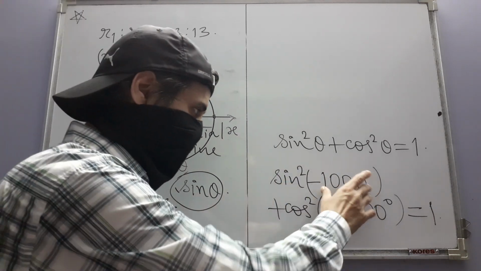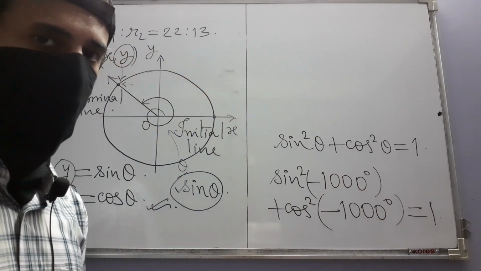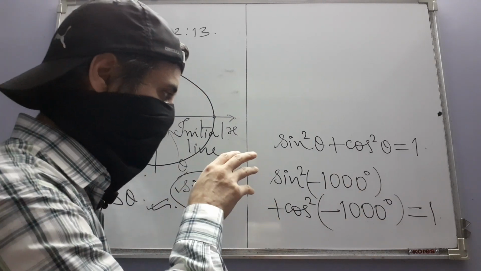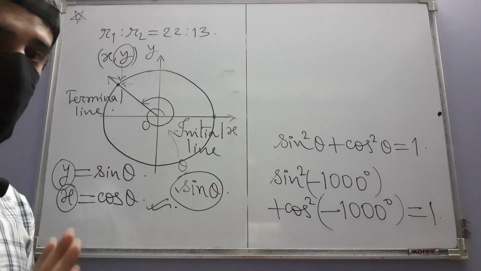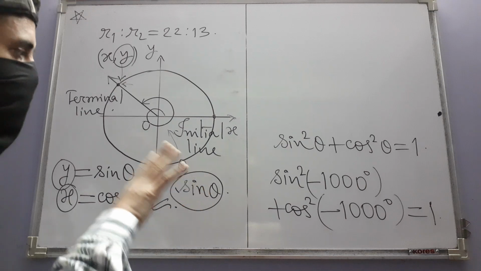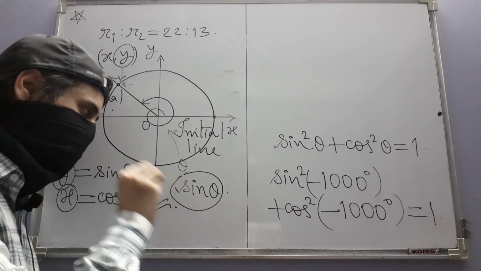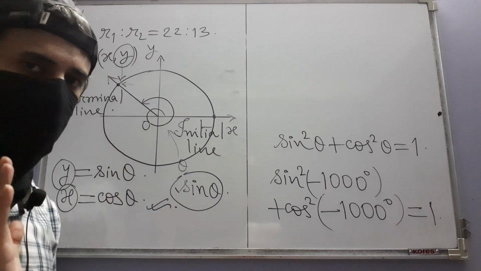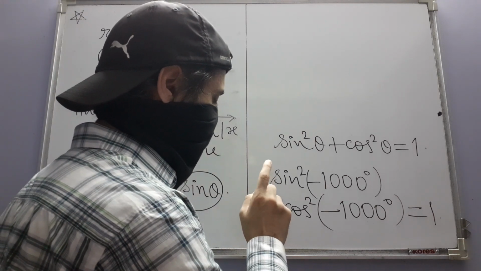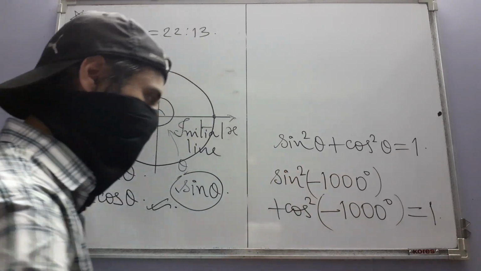Already we do not have in the old definition angles this large, and also negative angles were meaningless. But now that we have a meaning for all these angles, we will see in more detail how this definition works, what its component parts are. We will see all those things in more detail in the next video. But we will also see that the existing things continue to be true here.